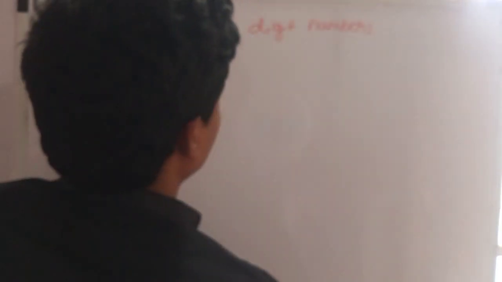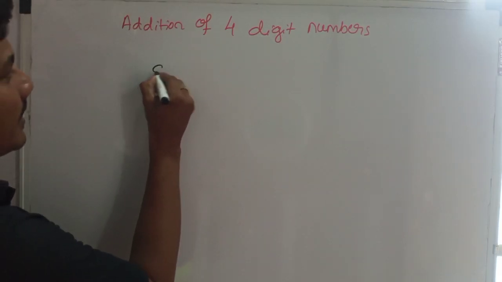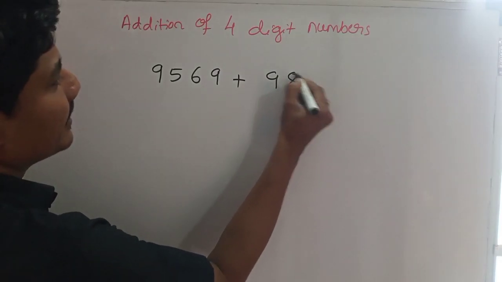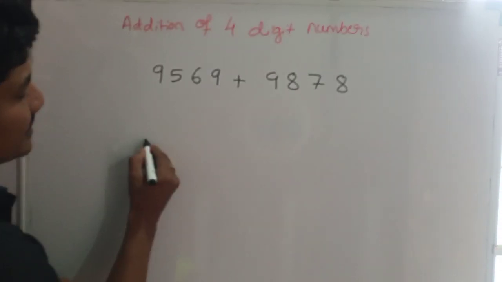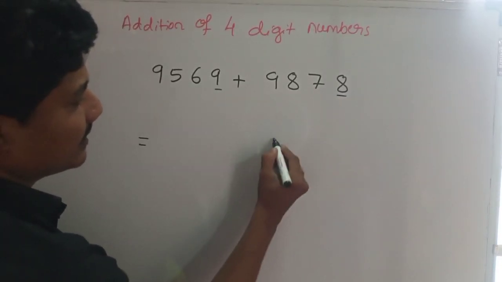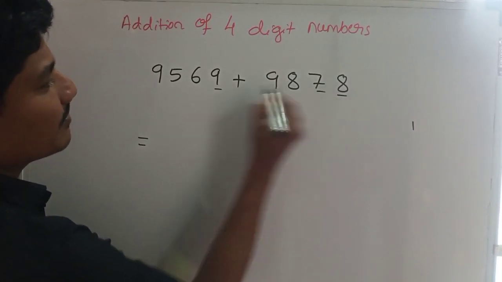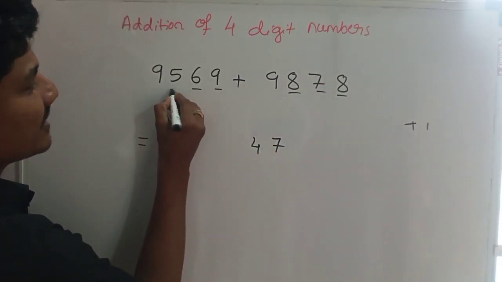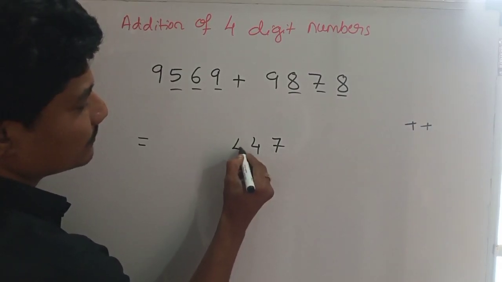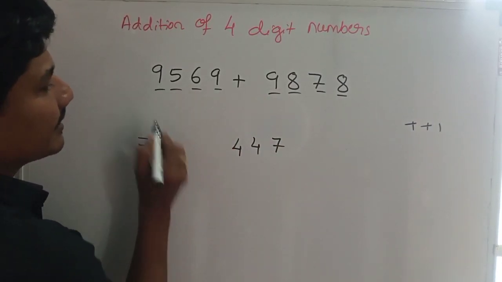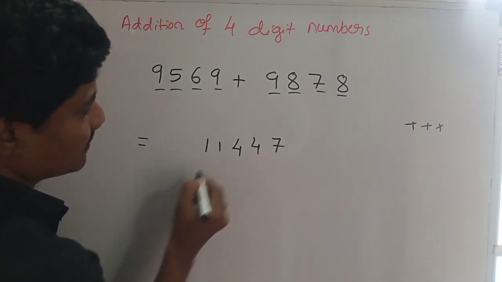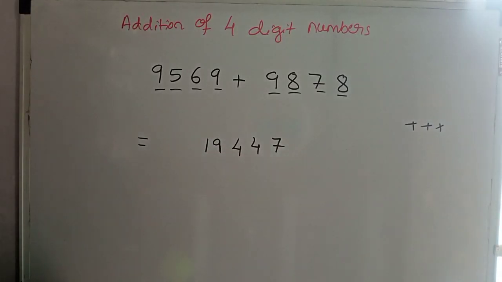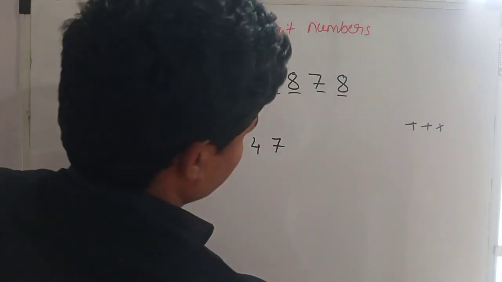Let me take next set of numbers. 9569 plus 9878. 8 plus 9 17, carry 1. 7 plus 6 13 plus 1 14, carry 1. 8 plus 5 13 plus 1 14, carry 1. 9 plus 9 18 plus 1 19. 9 plus 9 18 plus 1 19. 19,447 is the answer.